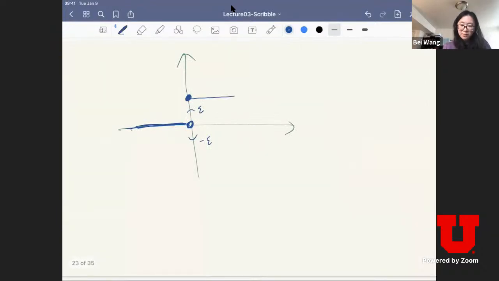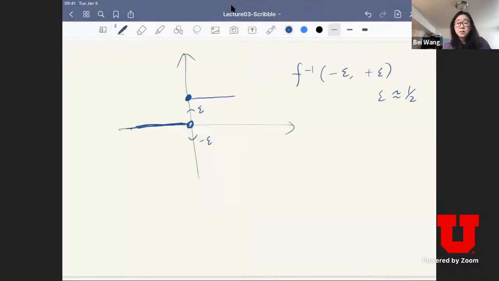If I take minus epsilon to epsilon, this is where I would like to see what function values give me here. So what I want to do, if f inverse of minus epsilon to plus epsilon, well, let's say epsilon is equal to 1/2, for the time being.